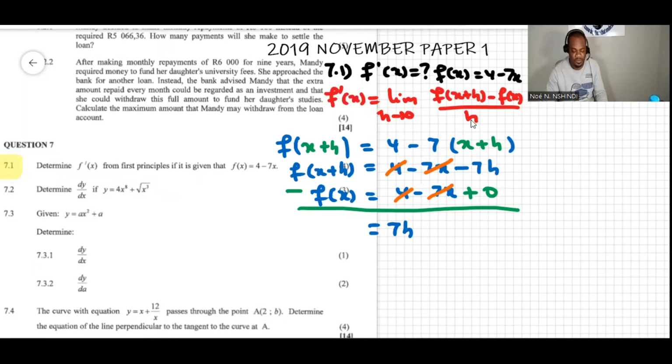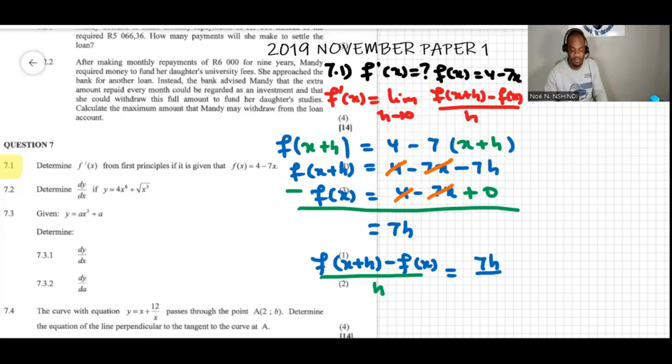So f of x plus h minus f of x, all over h. It was 7h, so I divide also by h.